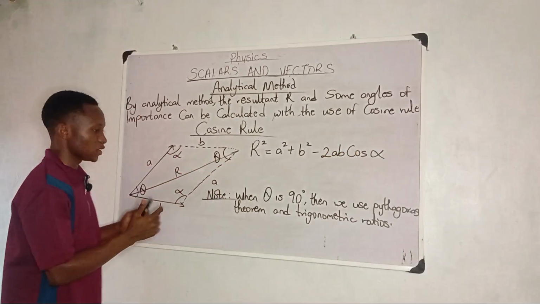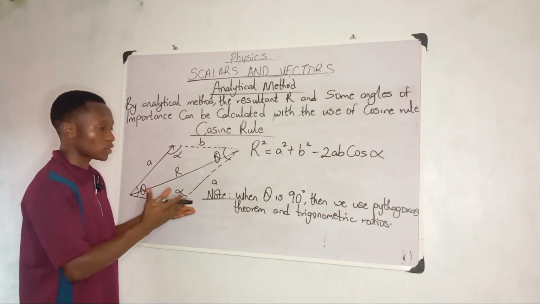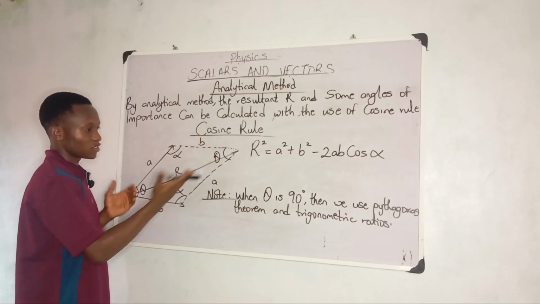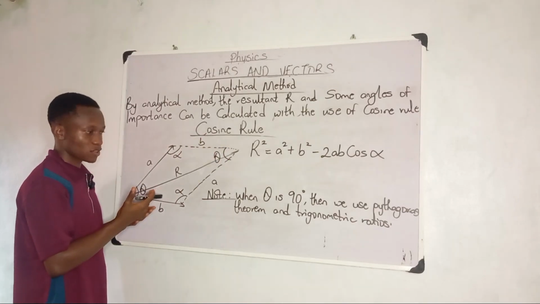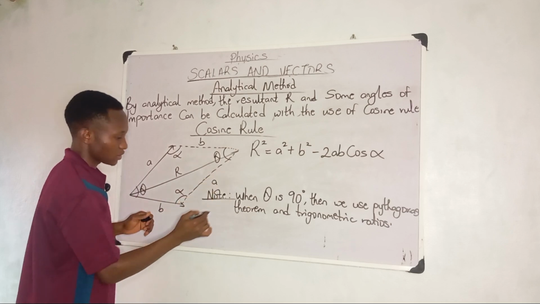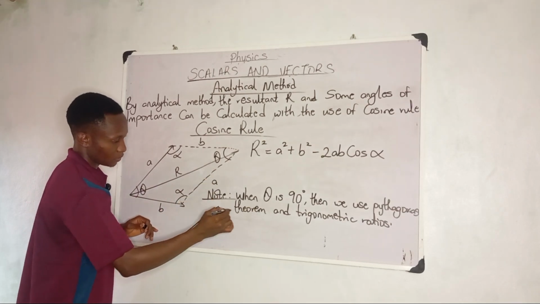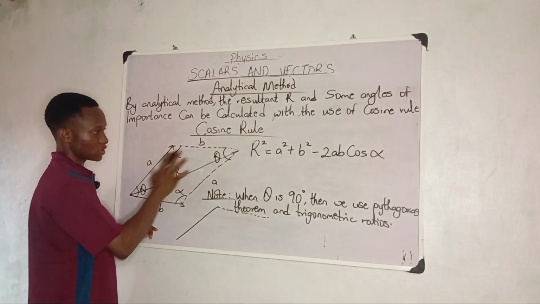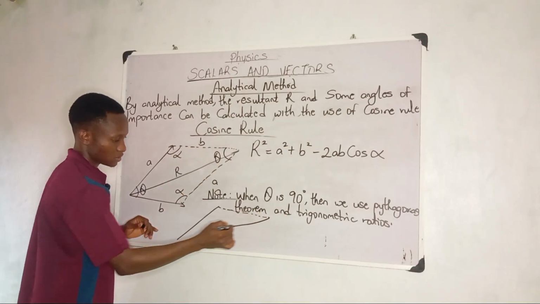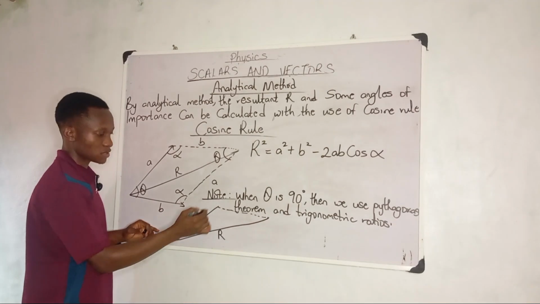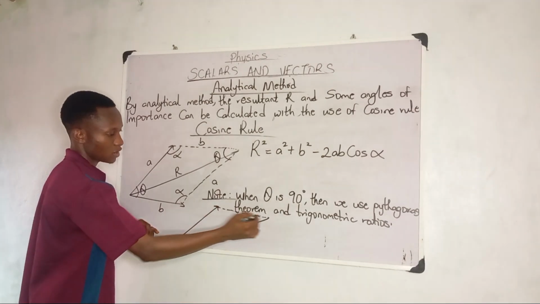And mind you again, we can actually cut this triangle. If you look very well, you see that this parallelogram is divided into two triangles, whereby we can have something like this. We have these dotted lines. I'm trying to take this triangle, and I have this. So here I have my R, which is the resultant. I have this, and I also have a value here.